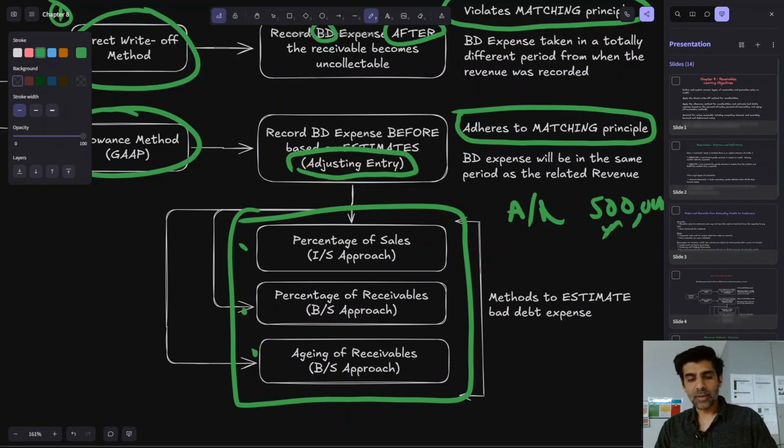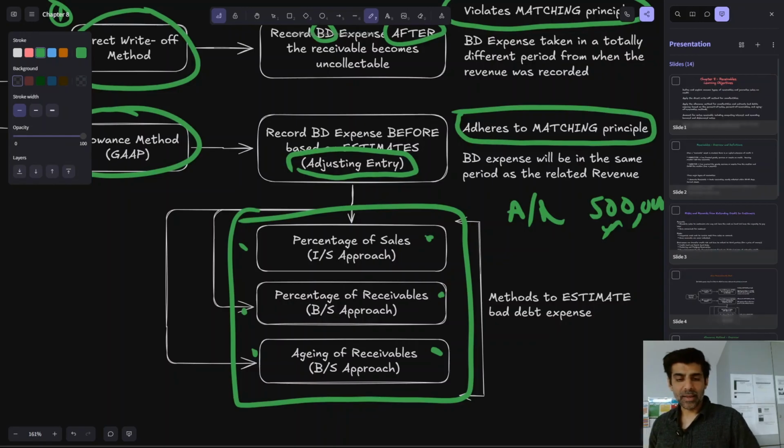It could be argued that these are in increasing levels of sophistication. The percentage of sales method is, as we're going to see, the least sophisticated. Percentage of receivables is a little more reasonable. And aging of receivables is a much more granular way of doing it.